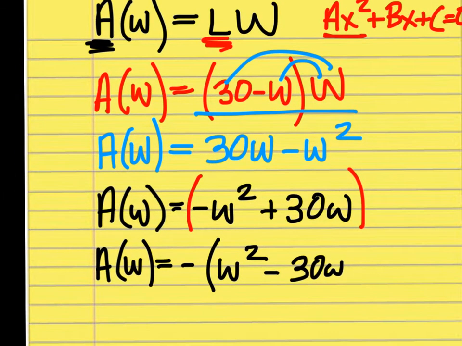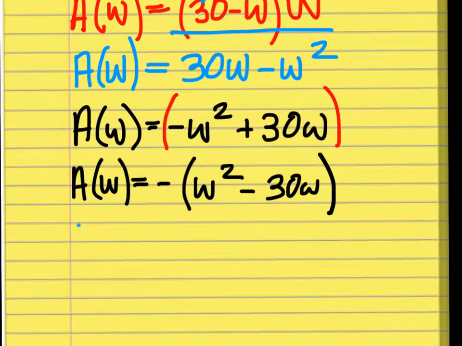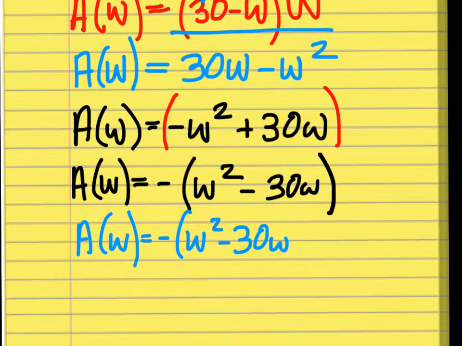And when we completed the square, we had to leave a space after that last term, which we can do here. We left a space there so that we could find half of the middle term. What's half of 30? Half of 30 is 15. What is 15 squared? 225, right.